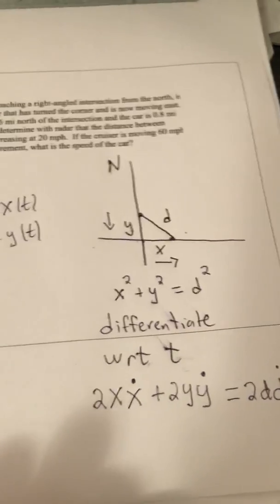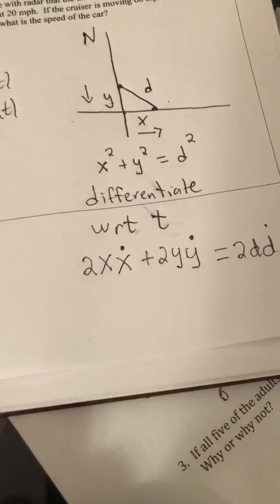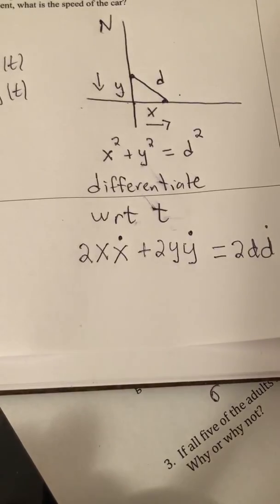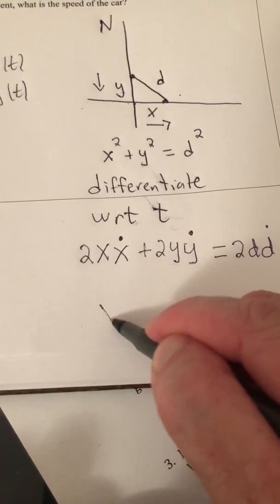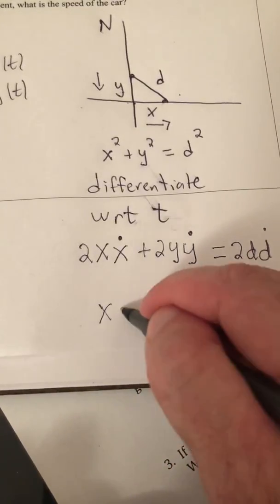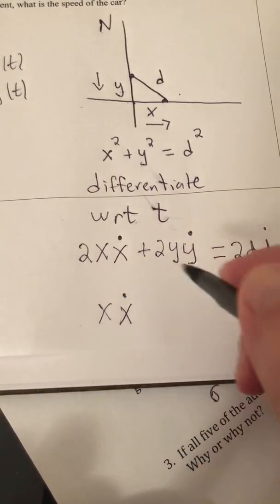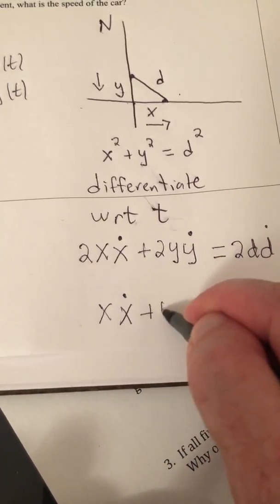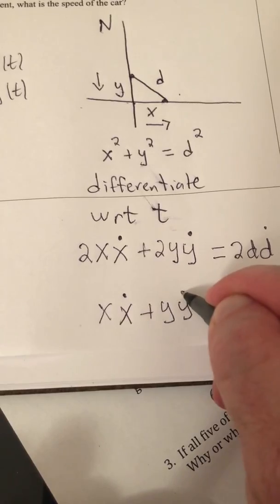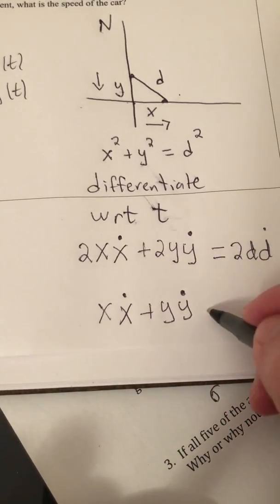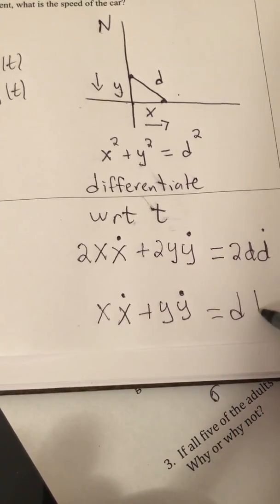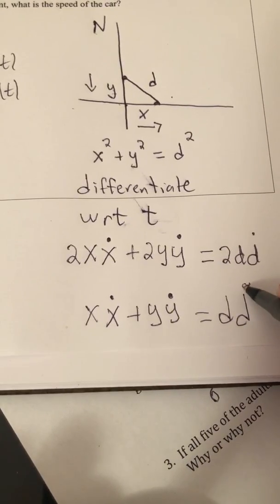Now, of course, that equation can be simplified by dividing both sides by 2. So what I have now is x times x dot plus y times y dot equals d times d dot.